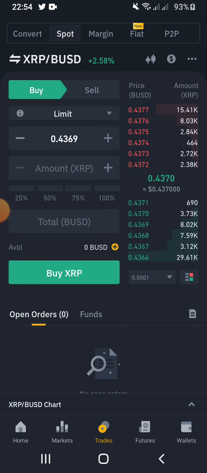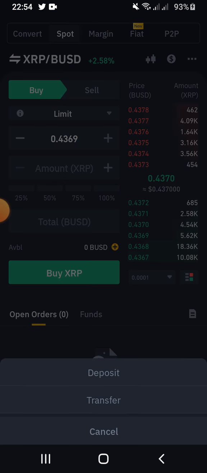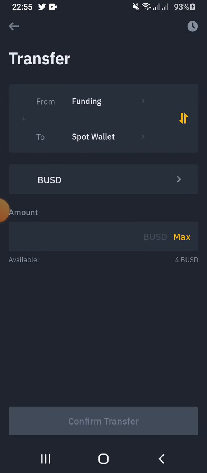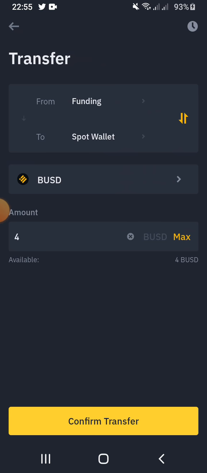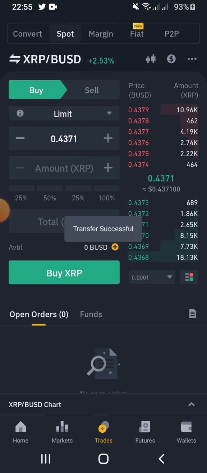If you have some amount of BUSD, you want to transfer your funds from wherever they are directly into your spot wallet. You click on transfer. See, we currently have 4 BUSD in our funding wallet. Click on it, click on transfer. So you can now see we now have 4 BUSD.